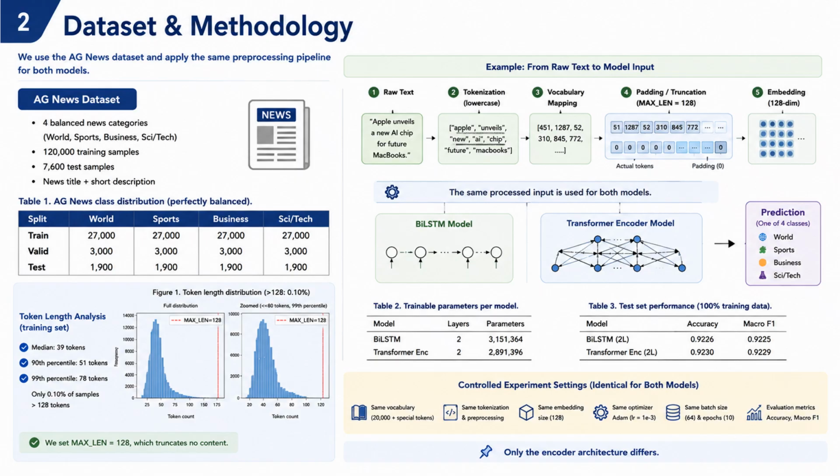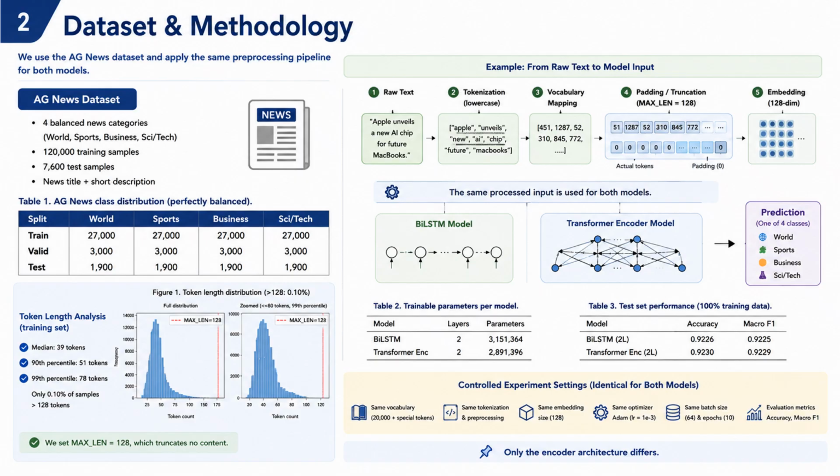For example, consider the sentence, Apple unveils a new AI chip for future MacBooks. First, the sentence is tokenized into individual words. Each token is then mapped to its corresponding vocabulary index, padded or truncated to a maximum length of 128 tokens, and finally converted into a 128-dimensional embedding vector.